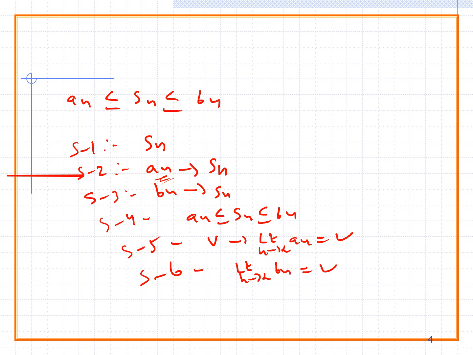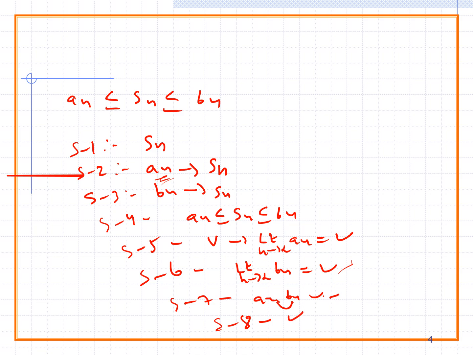Step seven: both the An and Bn values should be the same. So when the An value and the Bn value are the same, automatically Sn is also the same. That is step eight.